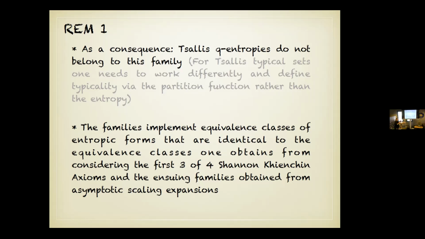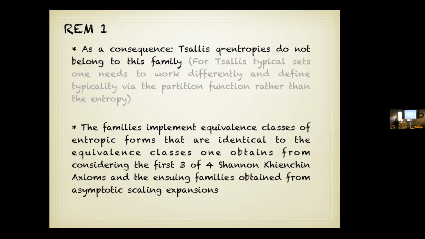But there is basically the following thing that one can roughly say: if you define your typical set via the usual entropy, so basically with the usual logarithm, then you get the typical set. If you do it not via the entropy but via the free energy, then it's the Renyi entropy that defines the typical set.